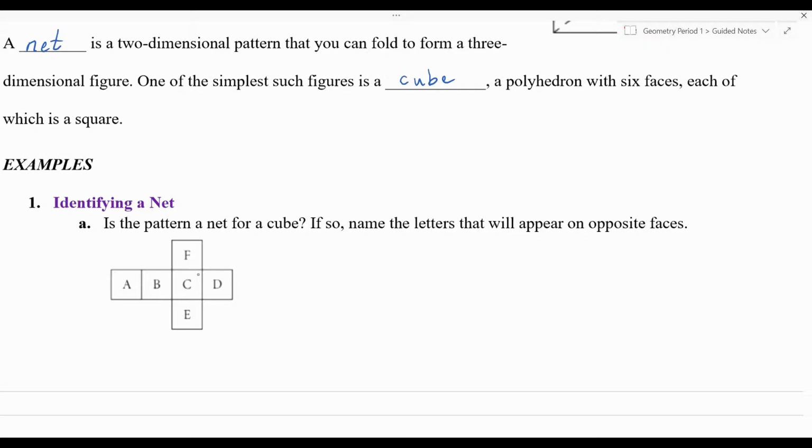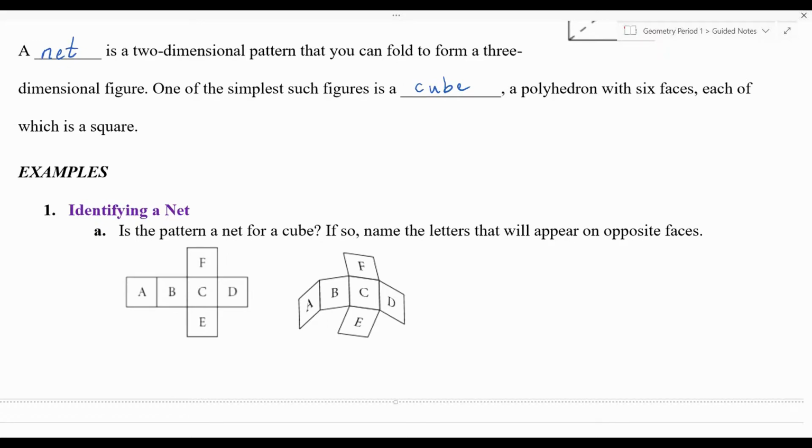Let's take a look at what it looks like now after the modification. As soon as we start folding the two-dimensional figure, you start seeing how this will come together to form a three-dimensional figure, which, as I mentioned before, we fold along the edges.